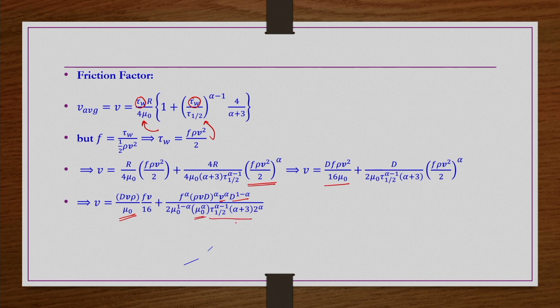The remaining constants are as they are, right. So this 2 power alpha is as it is.